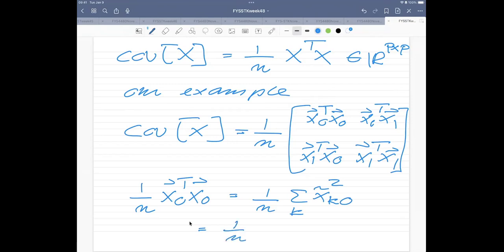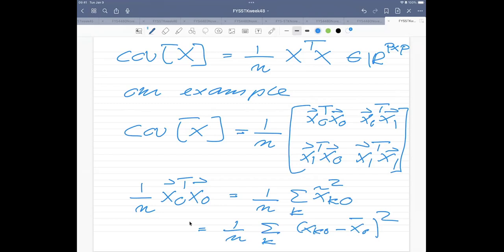So this is 1 over n, and then I have the sum over k, and then I have xk0 minus x0 tilde, and this is squared. So this quantity has a name. Does anyone remember that? If you think of statistics, yeah, that's the variance.